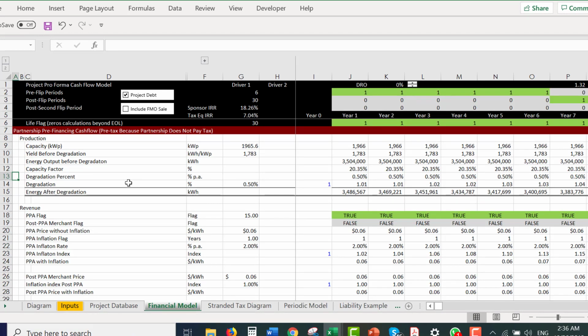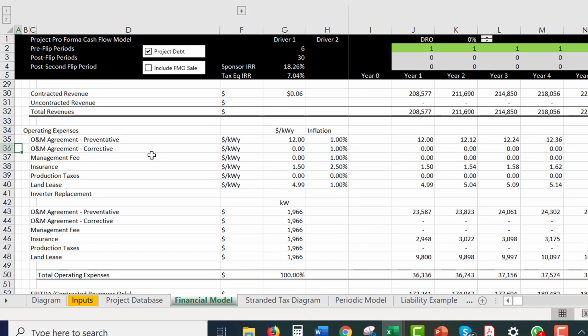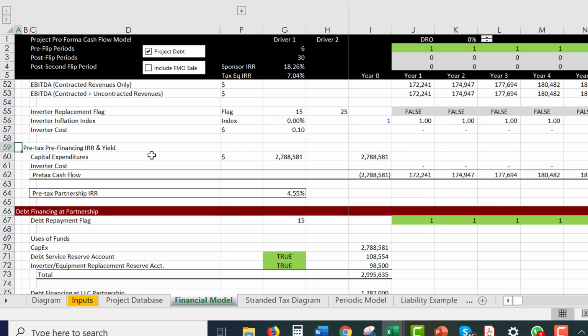But in the financial model, we have the same structure, and I'm just going to stop the video in a minute, where we start with a partnership, see what the operation and maintenance is, and get this pre-tax IRR, which is a good little benchmark to use. And then you can choose to put the debt in the partnership or debt outside the partnership.